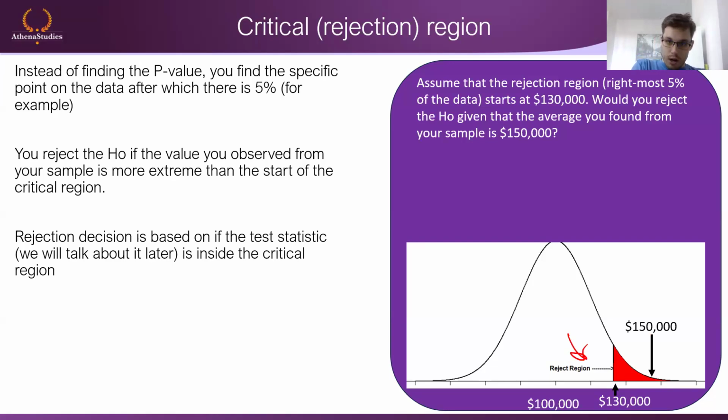So if we go back to our example, we go into the table and we find in the calculations that if the average of our sample is bigger than 130,000, we can automatically reject. So this is just another angle of approaching the answer of reject or not reject. If it's bigger than 130,000, you automatically reject.